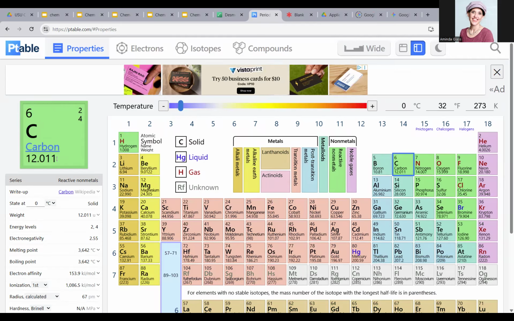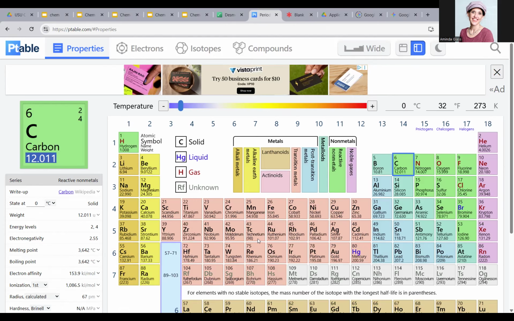Carbon's mass here, this is its average atomic mass. The average atomic mass on this periodic table is at the bottom of each square. And we know that if we have 12.011 grams of carbon, we have 1 mole of carbon, which is also 6.022 times 10 to the 23rd atoms of carbon.